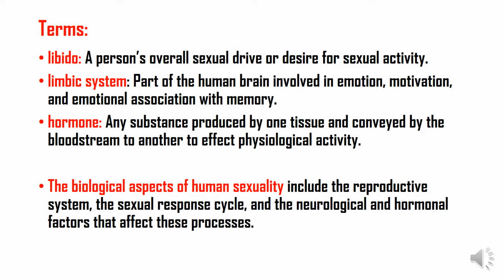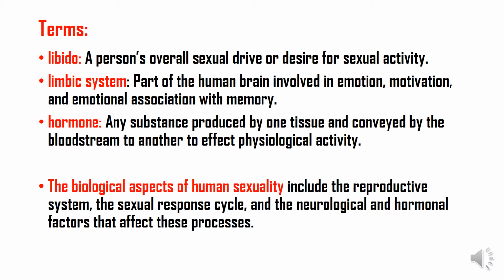The next is that we're going to study the following terms. And what are those terms? Libido: a person's overall sexual drive, or the desire for sexual activity. Second, the limbic system. What is the limbic system, my dear viewers? Part of the human brain involved in actions, motivations, and emotional associations with memory.